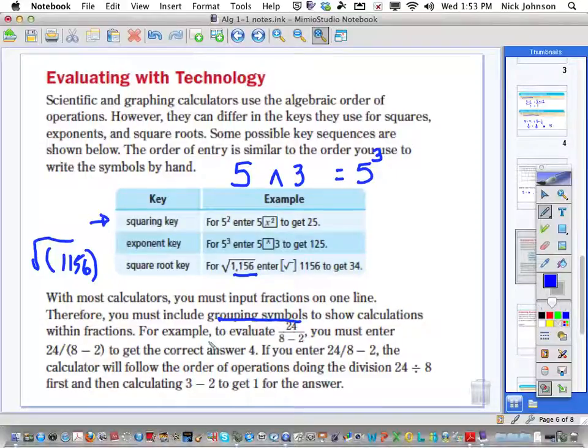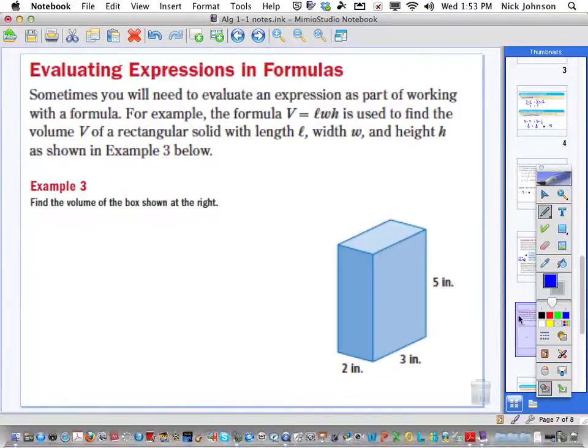So notice, just by using your grouping symbols, how you get the right answer. You have to put this in first, because we would have to do 8 minus 2 first. Okay? It's very important, especially when you're working with your calculators. Your calculators are only as smart as the person typing it in.